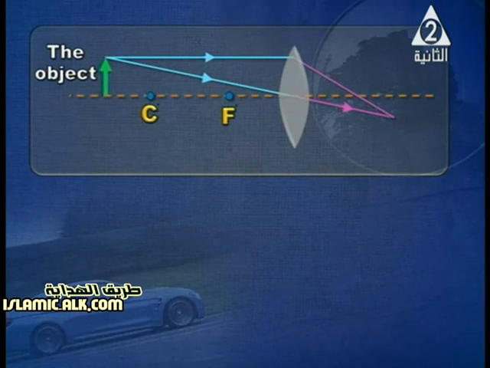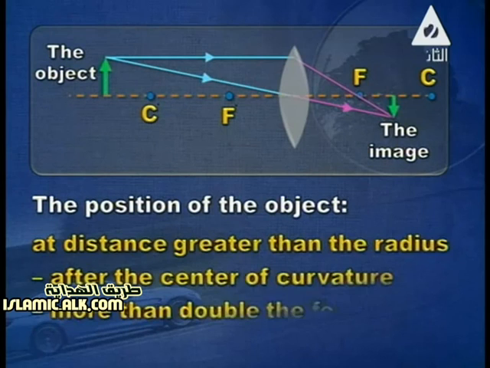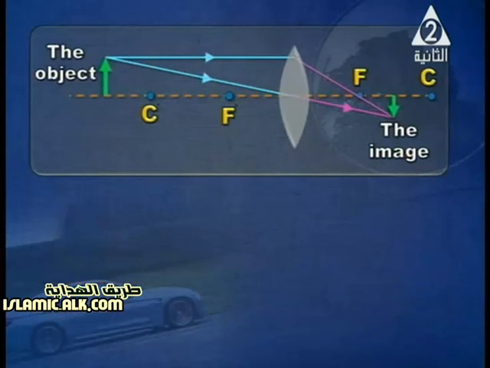The second ray will pass through the optical center of the lens, so it passes without refraction. At the point of intersection of these refracted rays, the image is formed. The position of the object is at a distance greater than the radius, or after the center of curvature, or more than double the focal length.